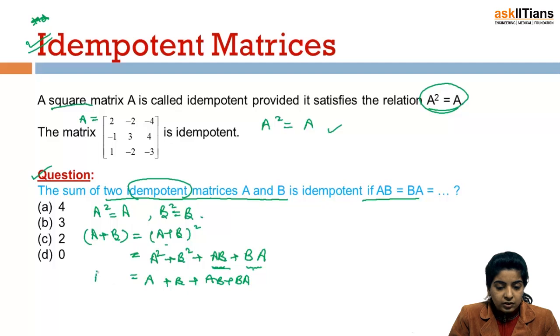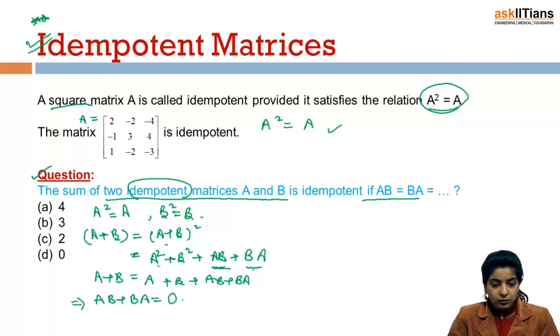So what does this give me? I have this equation which means AB plus BA should be equal to 0. Now just see from the options, or you can directly see that we must have AB equal to BA equal to 0. Only then can this equation hold true. So sum of A and B, where A and B are idempotent, would be idempotent if and only if AB equal to BA equal to 0.